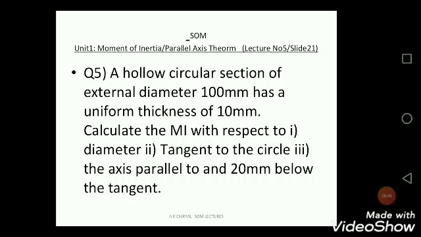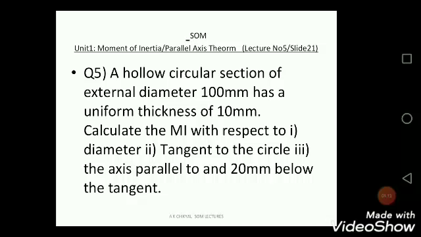Now this numerical you have to solve on your own, but I will guide you. We have an external circle of 100 mm diameter, with thickness 10 mm. That is, there is another internal circle. What is the diameter of this internal circle?